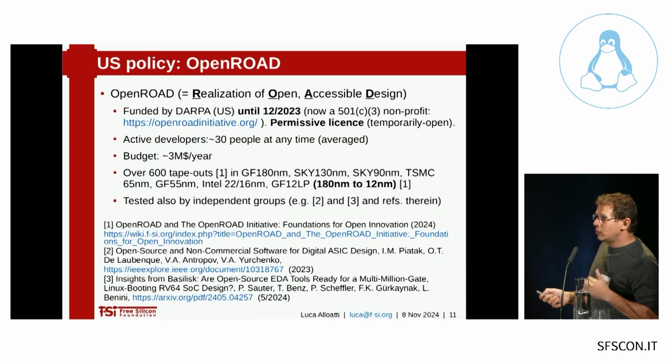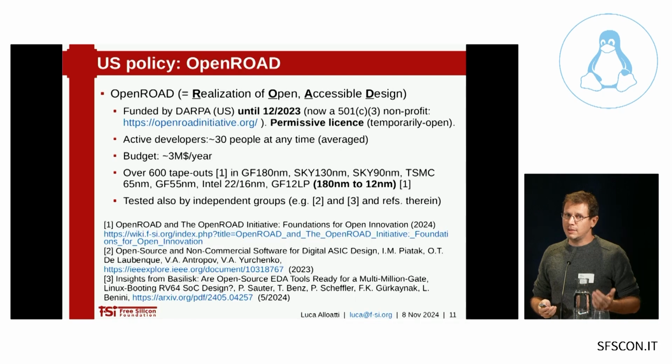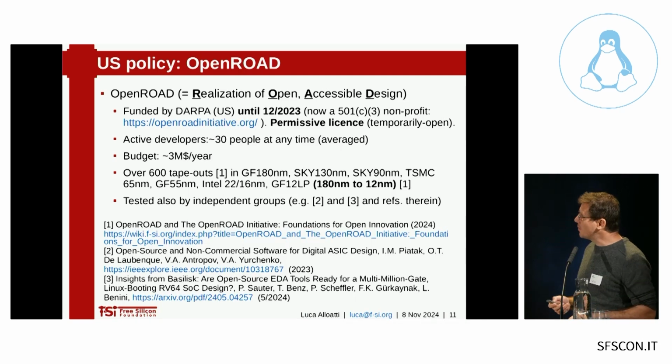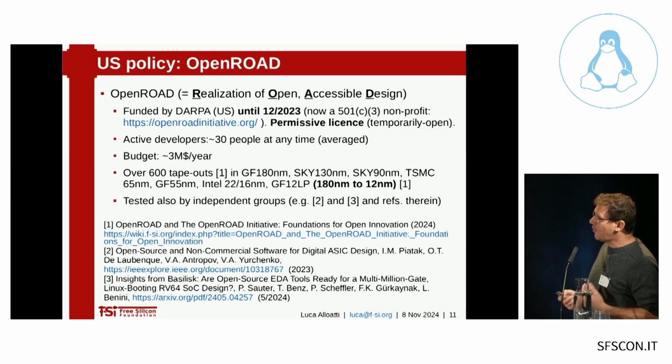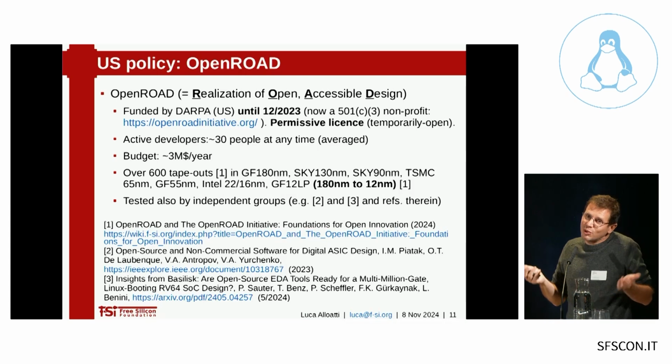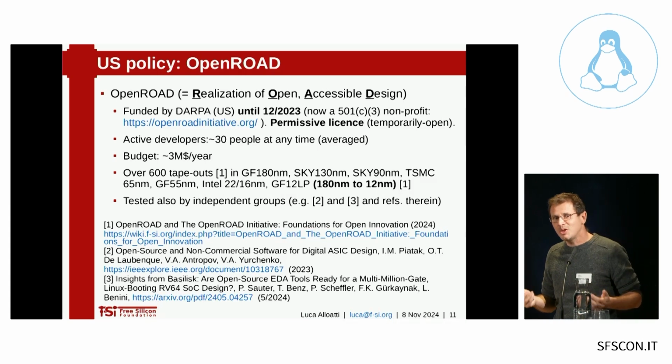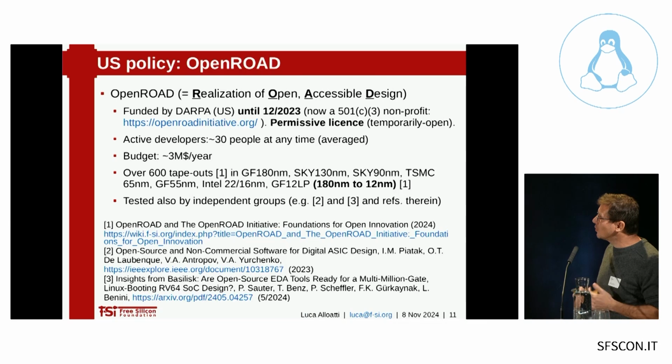And so let's look at what the United States have done. The United States, through a DARPA project, DARPA is essentially a military arm, have funded a project called OpenROAD, which is today essentially the de facto standard in open source EDA tools because it's extremely good compared to all the rest of the competition.